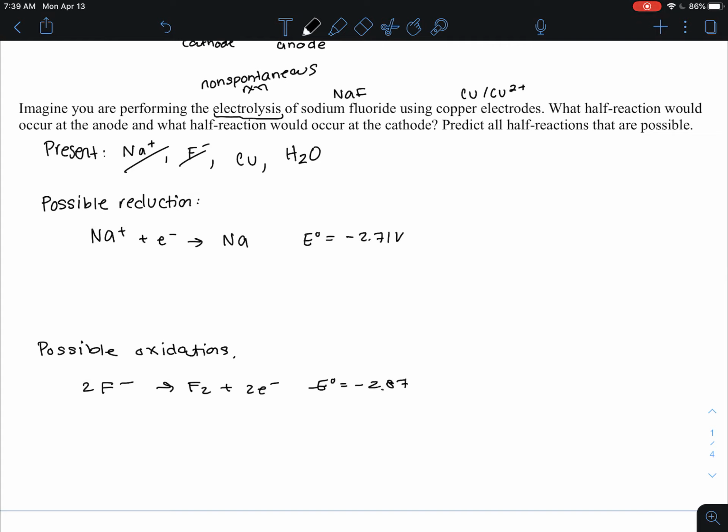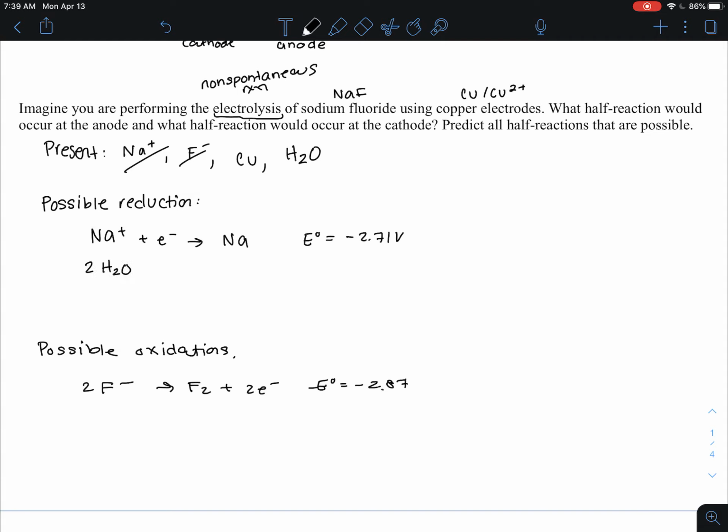Okay, so now we just dealt with the sodium and the fluorine. Now what would the water do? We already talked about how the water can do both, because water can exist as an acid or a base. It can exist as an electron pair donor or acceptor, so it can also exist as oxidizing or reducing. So we actually have to look at both possibilities before we can decide which one's actually happening.